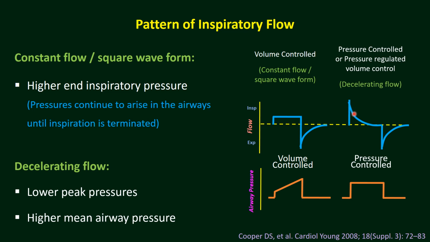So, it is decelerating flow. Flow gradually comes down from the beginning of inspiration to the end of inspiration to maintain a constant pressure inside the lung. So, in volume limit ventilation, flow is constant and tidal volume is constant. In pressure limit ventilation, pressure is constant.